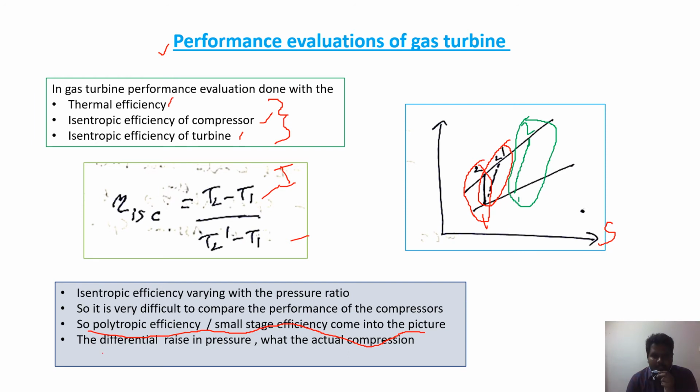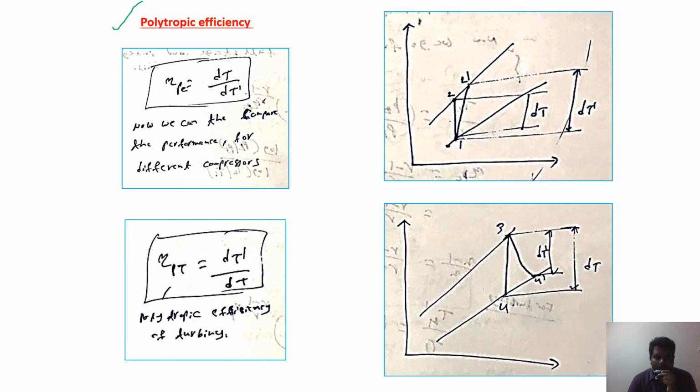Okay, the differential rise in pressure, what is the actual compression, which means obviously in the compressor the pressure of the gas will be increased. At point 2 the pressure of the gas will be greater than at point 1. Okay, so polytropic efficiency for compressor we can write as dT by dT dash.